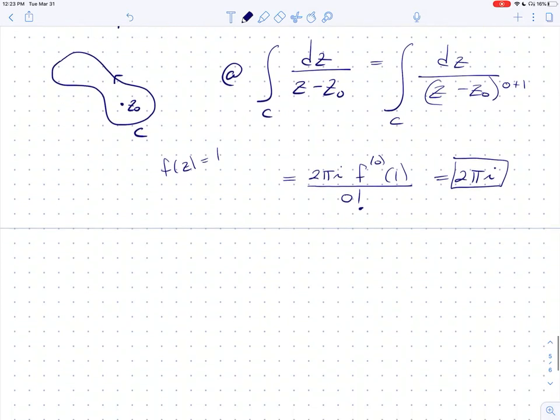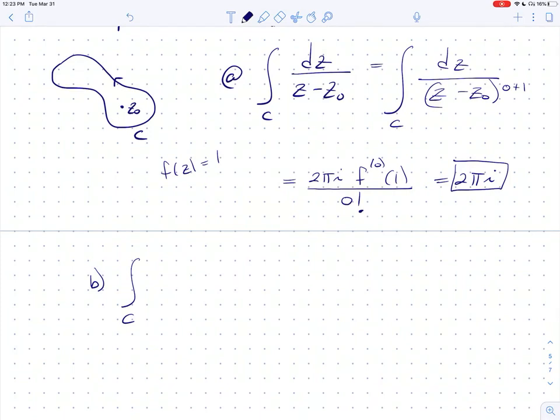So what if we change the same situation, but what if we have the integral over the same C now, any simple closed curve positively oriented, and what if I have dz over z minus z naught to the n, and I want to assume here that n is greater than or equal to 2. We already did n equals 1. Well, the key, again, is how you view this.